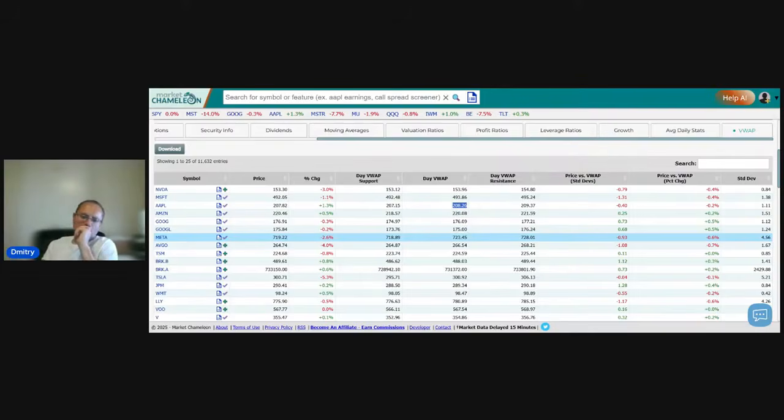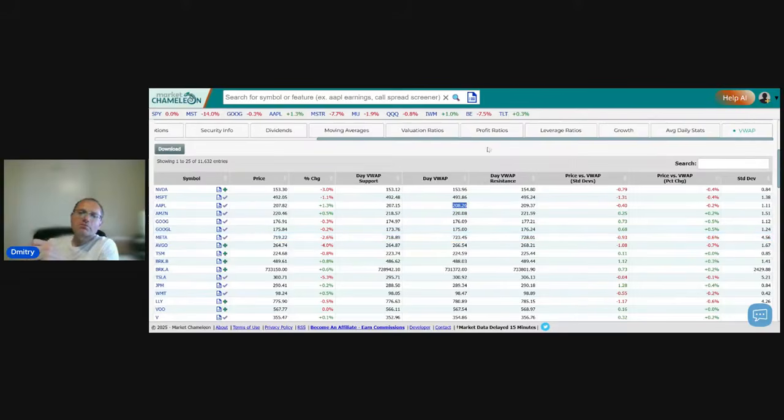What else we can do is measure how far the stock moves around the VWAP. We have this VWAP number, but the stock doesn't trade all the time at just one number. It's moving around.